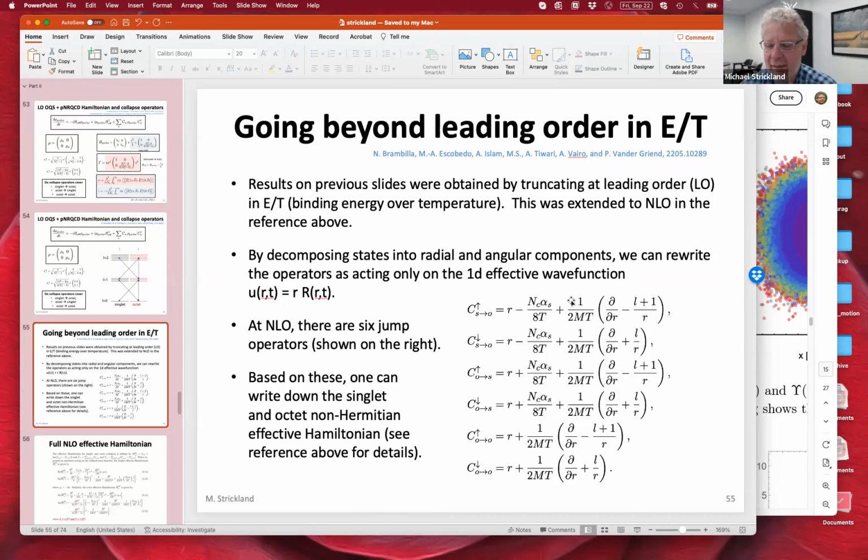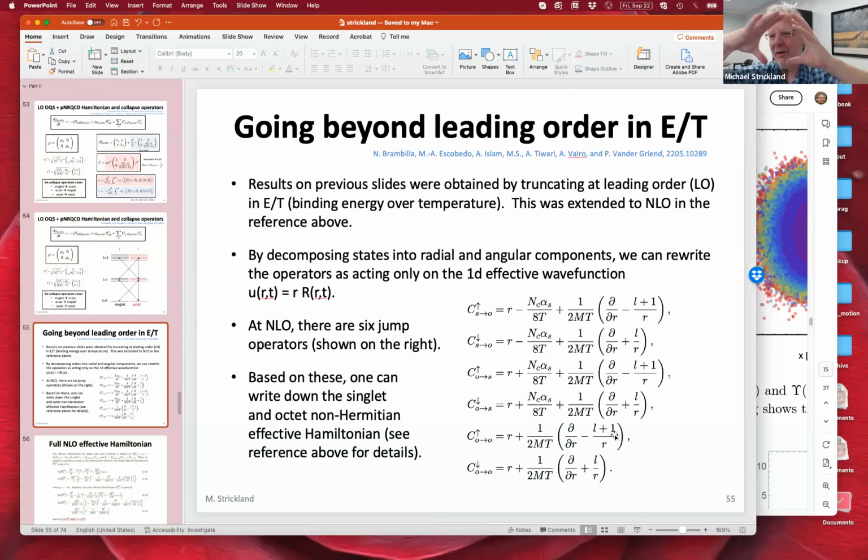Yeah, actually, that's another qualitative difference that occurs when you include these next-to-leading order terms. If you only look here, the jump always moves things to higher R, as you said. The first next-to-leading order terms are just constants. But the ones that have 1 over R's and derivatives introduce something qualitatively different.